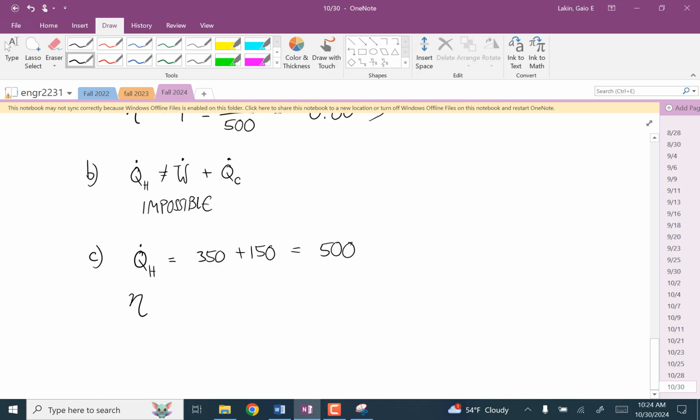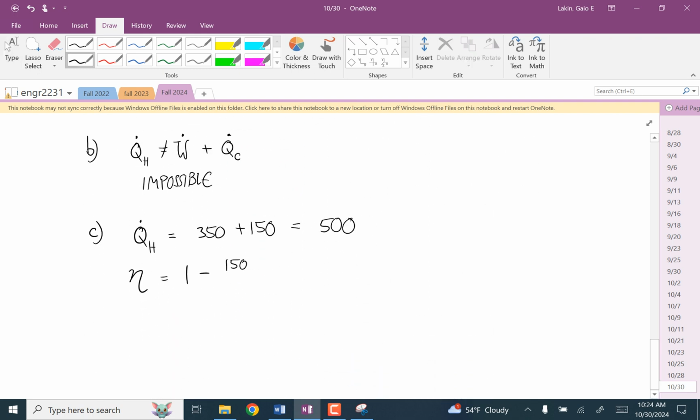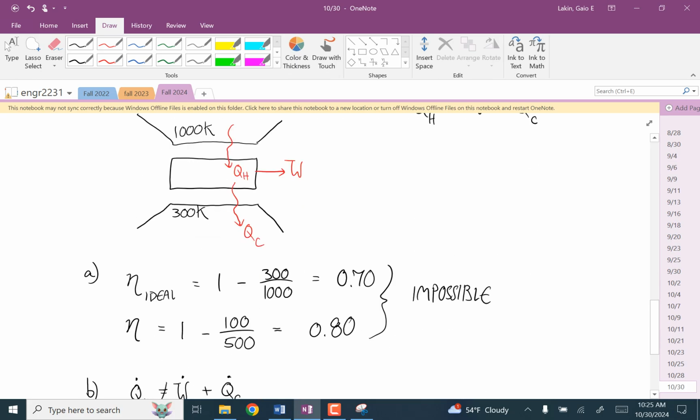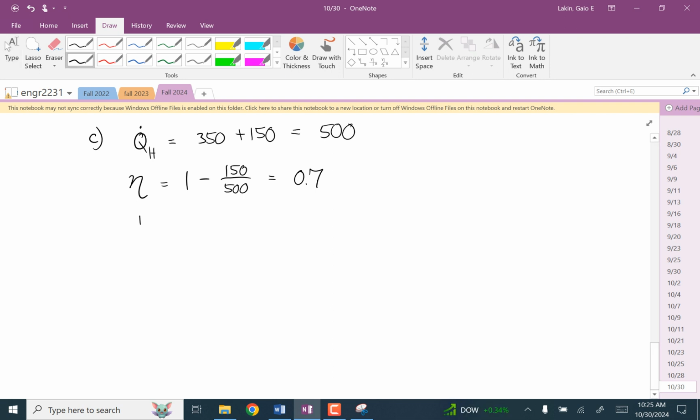And now the efficiency is 1 minus the QC 150 over 500. I'm being pretty sloppy with my units just because the units and anything you're multiplying by are going to cancel out in this ratio. And you get 1 minus 0.7. That is equal to the ideal. So this is reversible.